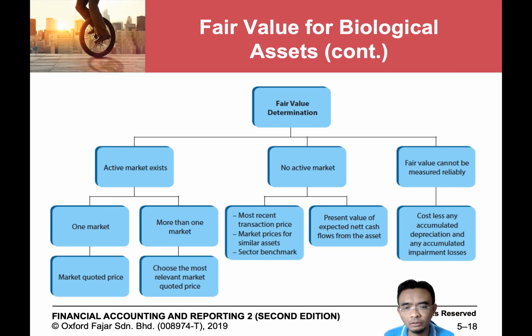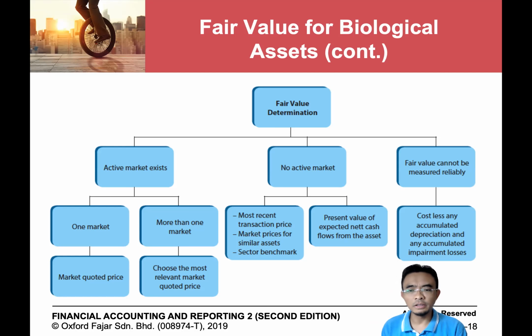Or if none of those is available, we have to find the present value of the expected net cash flows from the asset. We have to make some predictions of expected cash flow. So that is when there is no active market available.